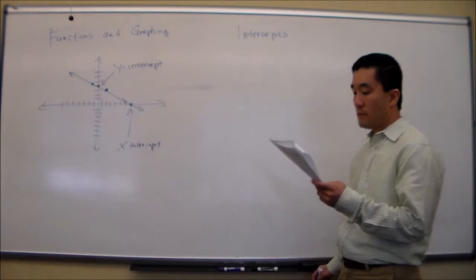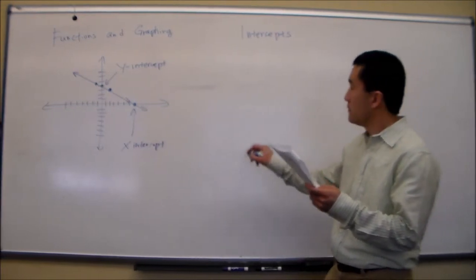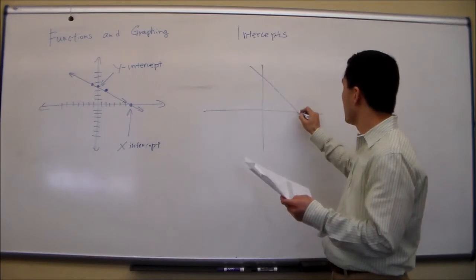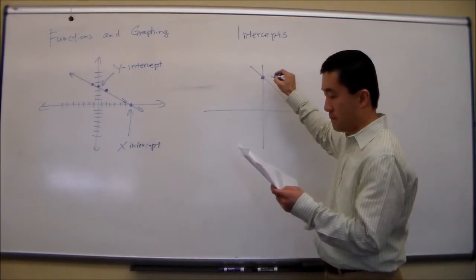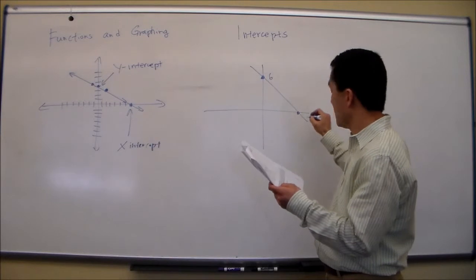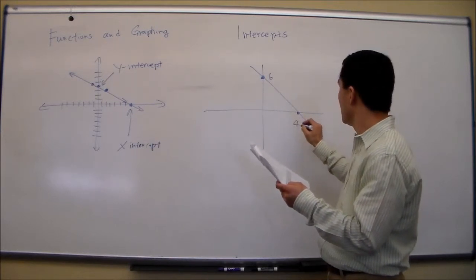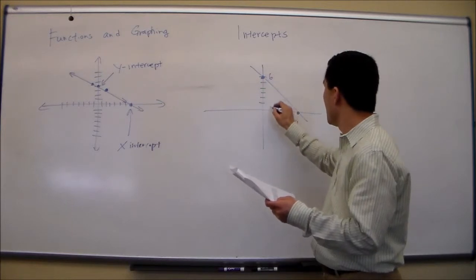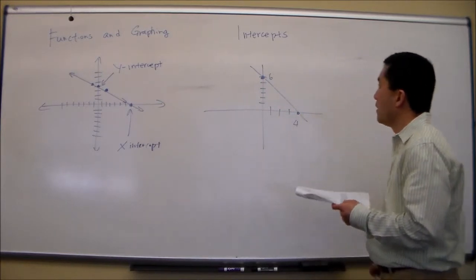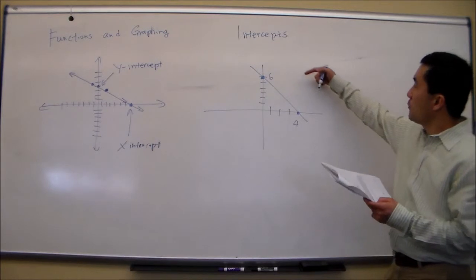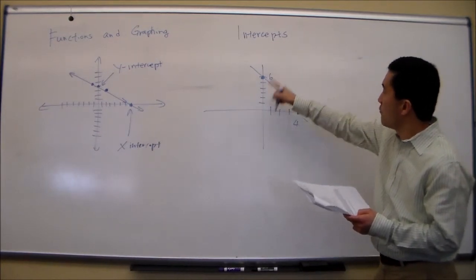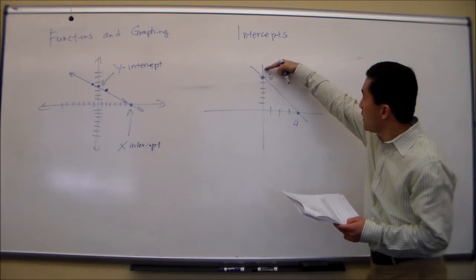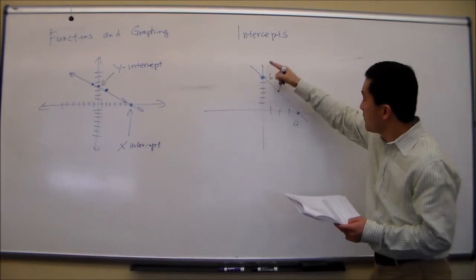Well, if you look at the graph, say an example 1, you notice that if I draw a graph anywhere, the graph has to intercept this vertical line.